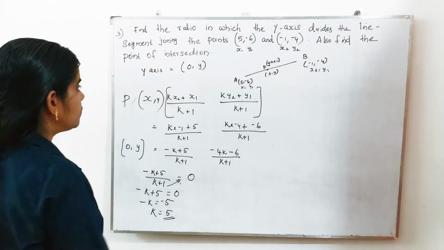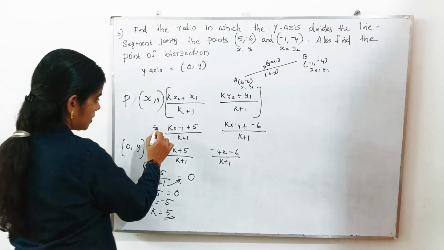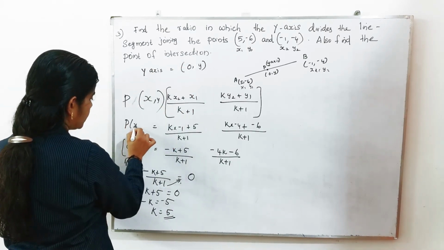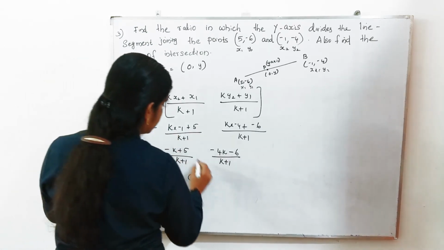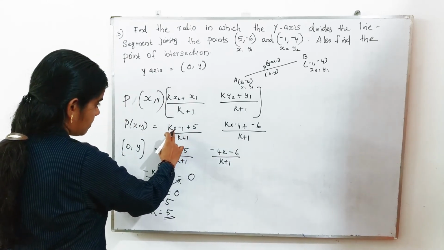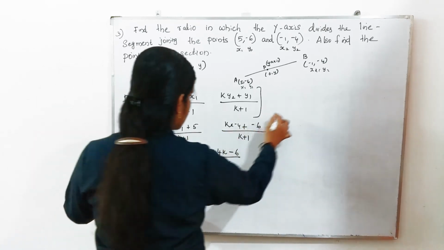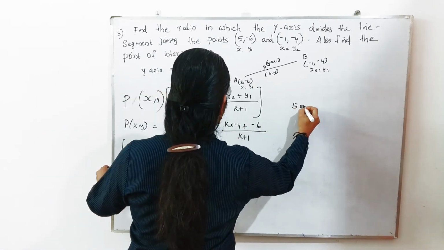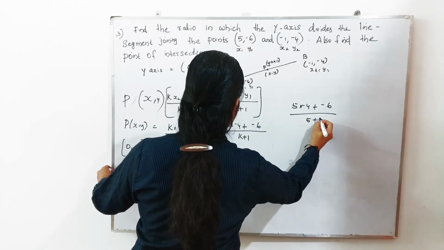Then you want to find the point of intersection. These are the P x, y. This is the point of intersection. You substitute the value 5 there. Then for x, minus 5 plus 5 divided by k plus 1 will become 0. Then y will be 5 into minus 4 plus minus 6 divided by 5 plus 1.